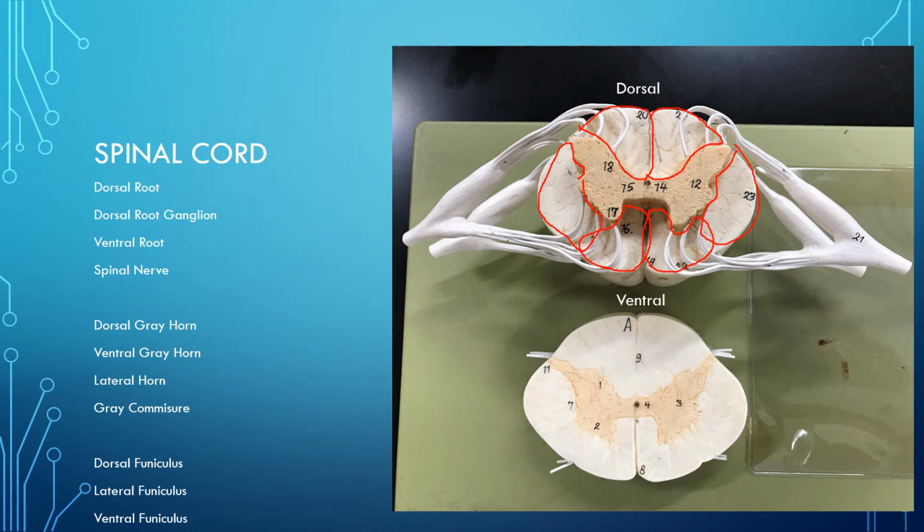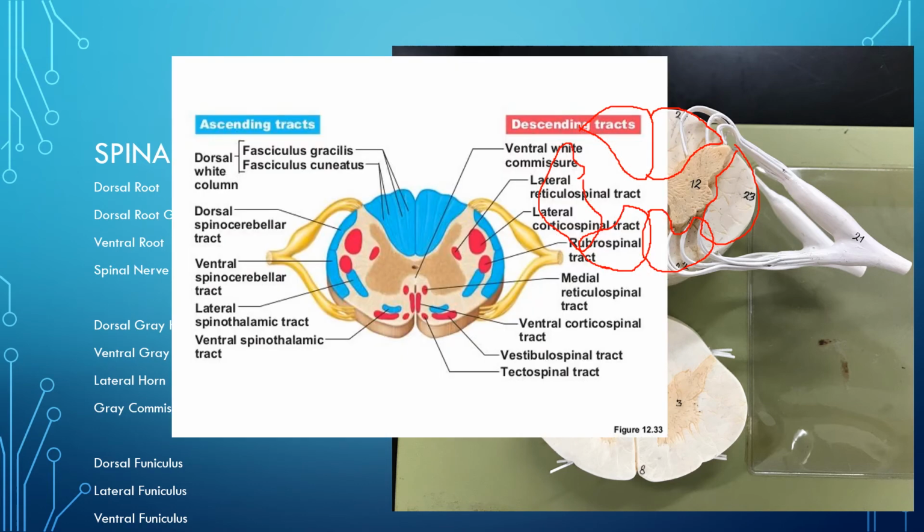At some point, you should take a look at this in a little bit more detail. But for right now, just be aware that the funiculi basically house different types of motor and sensory tracts that are going to shuttle information between the brain and the rest of the body. So this image shows you some of those tracts. Right now, you don't need to know them, but just be aware that they're there.